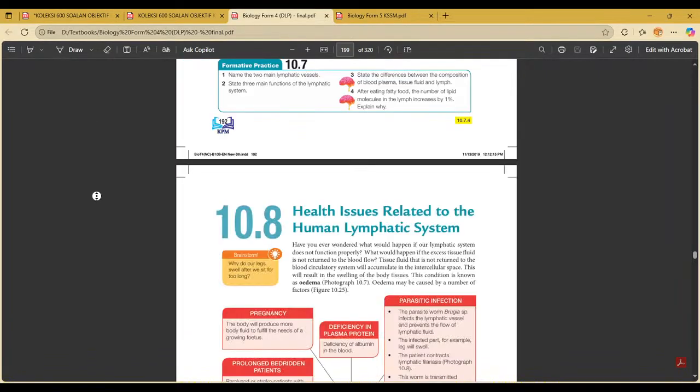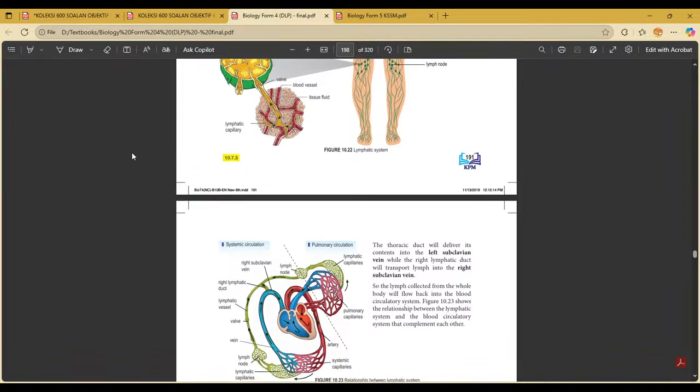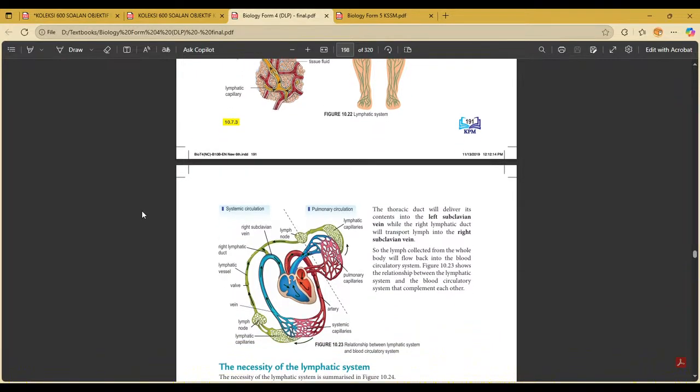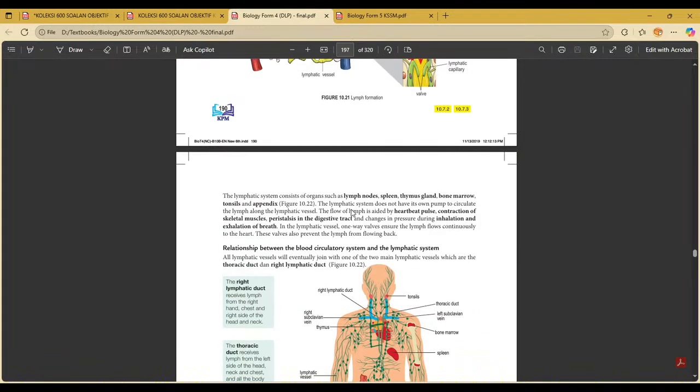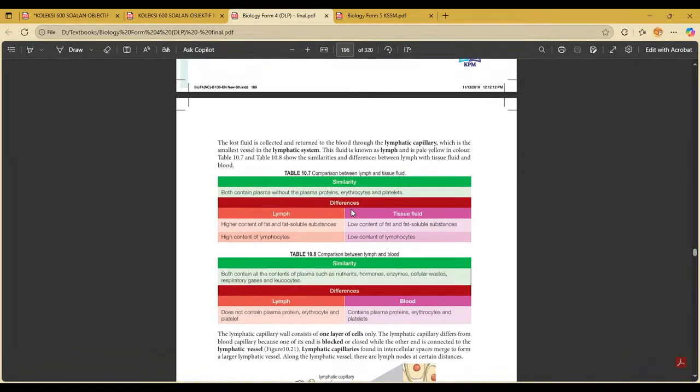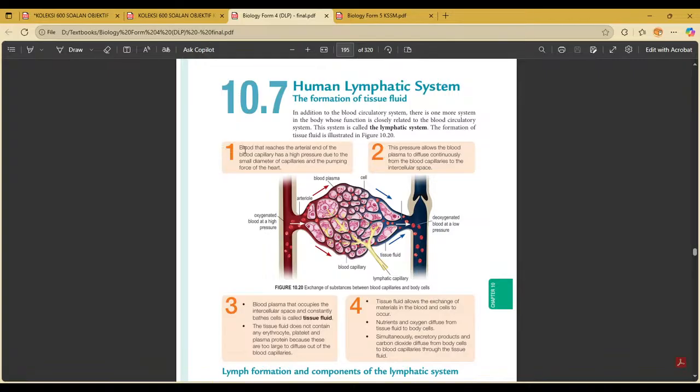It's in the circulatory system. Blood that reaches the arterial end of the blood capillary has a high pressure.